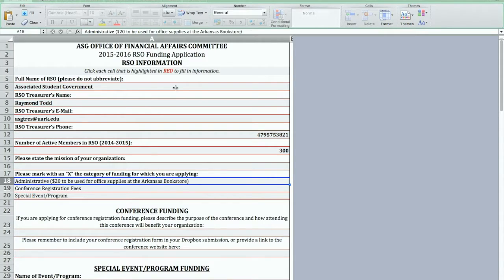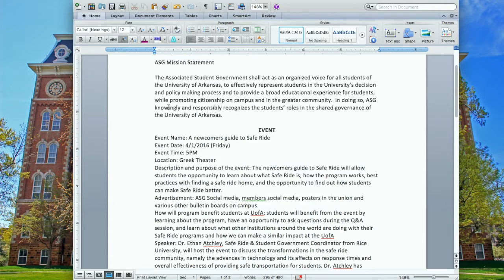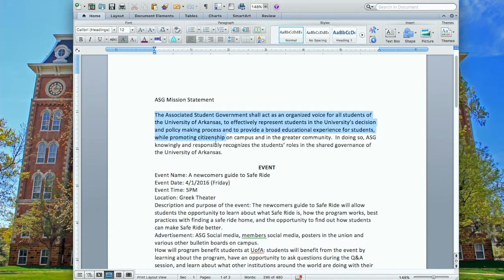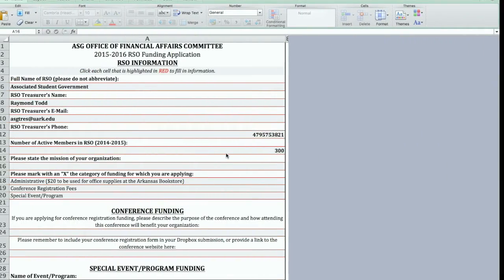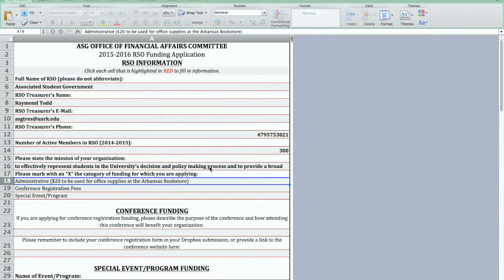All of this information is mandatory. You have to fill out the name of your RSO, obviously your treasurer's name, all this information, and the number of active members in the previous year, and then there's some additional information. I have the mission statement for ASG right here, and I'm just going to copy and paste so I don't waste your time.